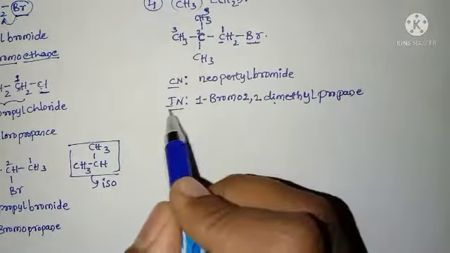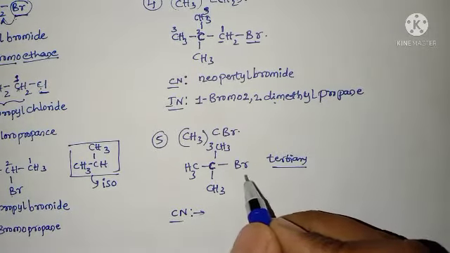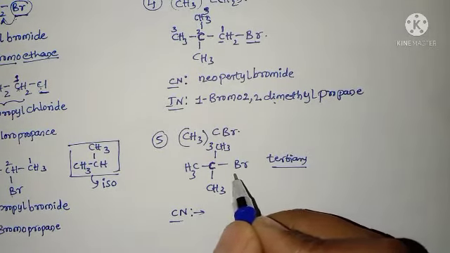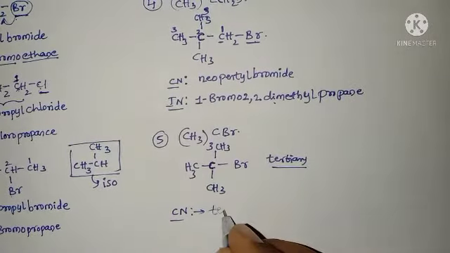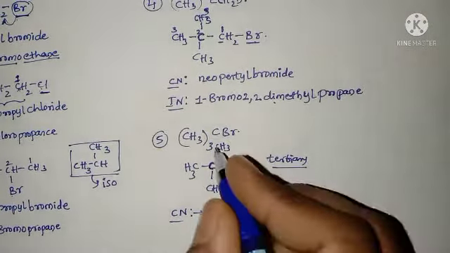So the common name of this organic compound: first we have to name the alkyl group, followed by the halogen atom. So here it is tertiary, and 4 carbon atoms are there, that is tertiary butyl bromide.